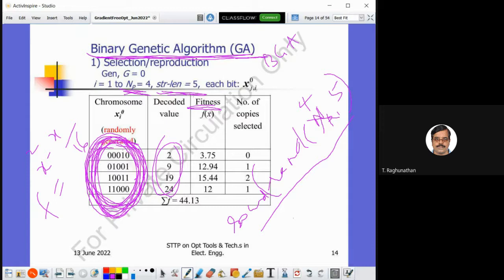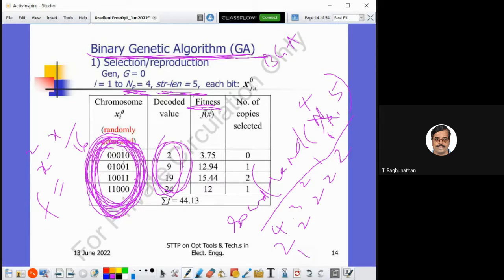So converting to decimal values, these are the values. For example, here you see 2 raised to 4, 2 raised to 3, 2 raised to 2, 2 raised to 1, 2 raised to 0.